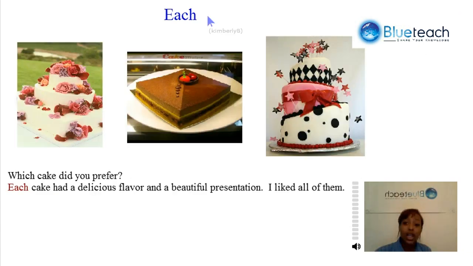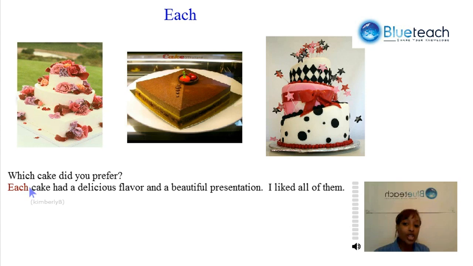Each is different in the sense that we're selecting a specific thing, but we're talking about the individual thing as itself, and also as a part of a group of things that we're talking about. So for instance, when we use each in this situation, we're talking about each individual cake, but we are relating them to the fact that they are in a group of cakes.